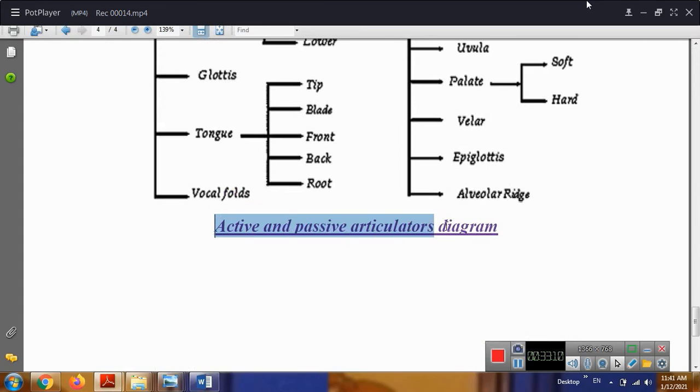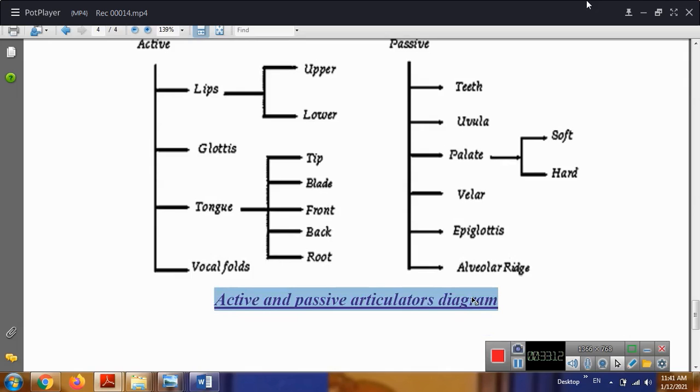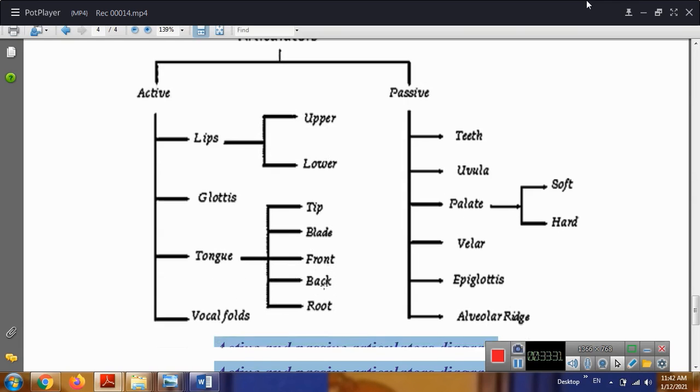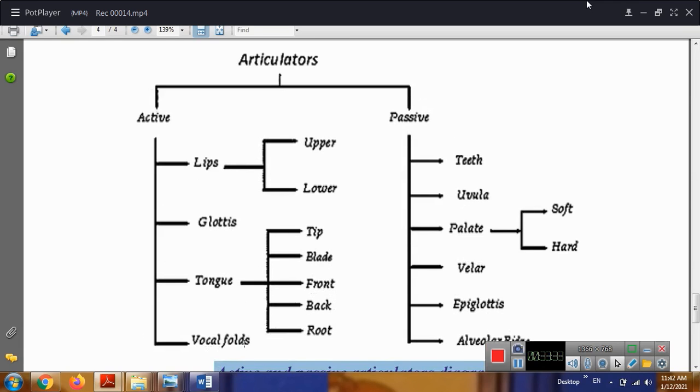As you remember, we had active and passive articulators in our mouth. The tongue was the most active organ in the vocal tract. The lips, upper and lower, glottis, and all parts of the tongue, tip, blade, front, back, root, we consider as active articulators, along with the vocal folds.